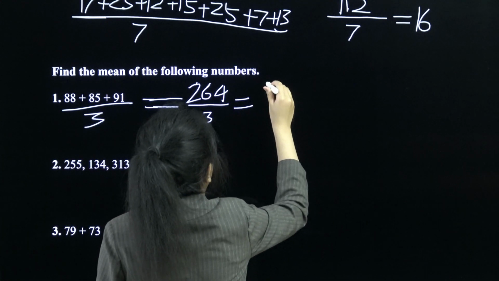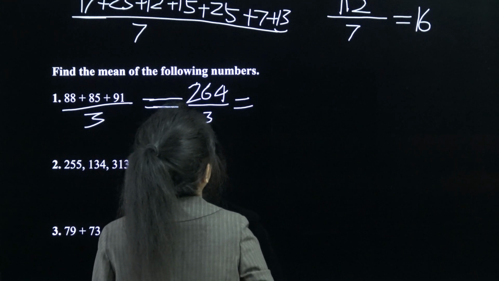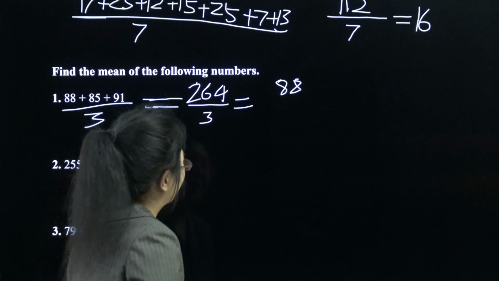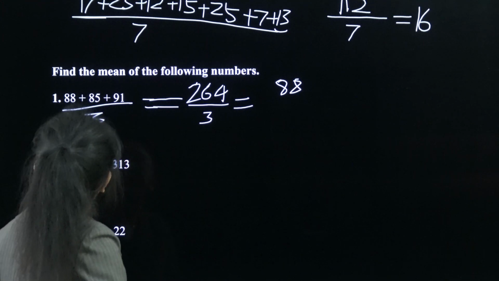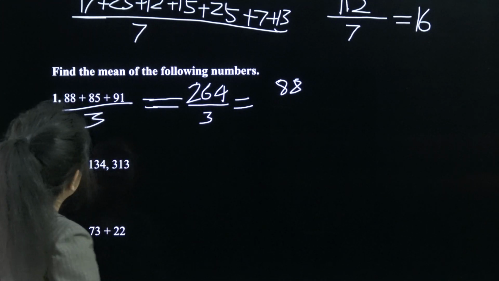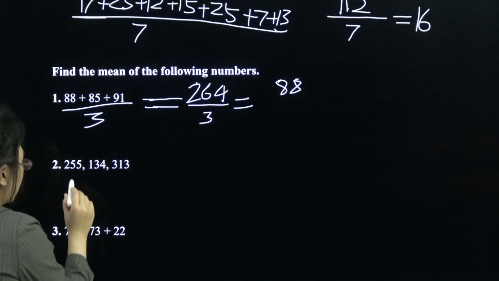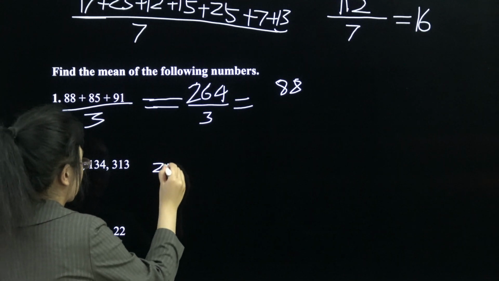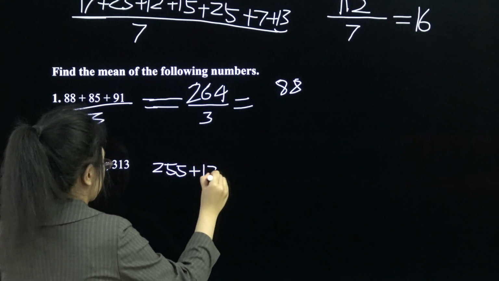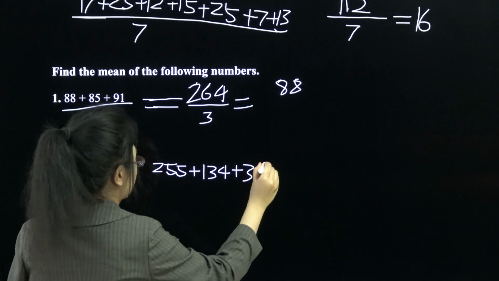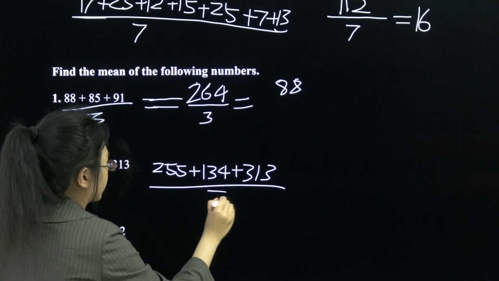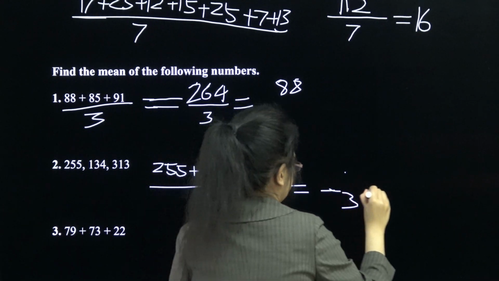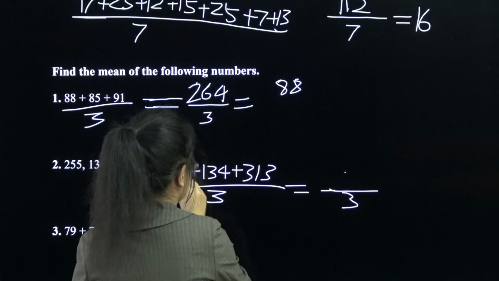Now, this would divide into 88 over 3 plus 85 over 3 plus 91 over 3, equals to something over 3, but we're gonna work that out.